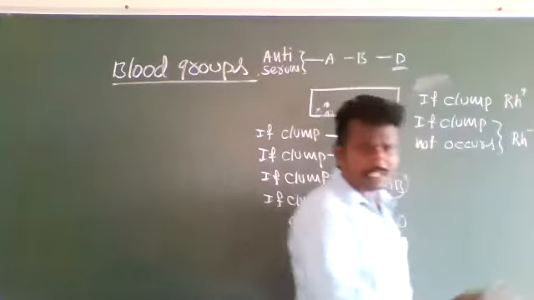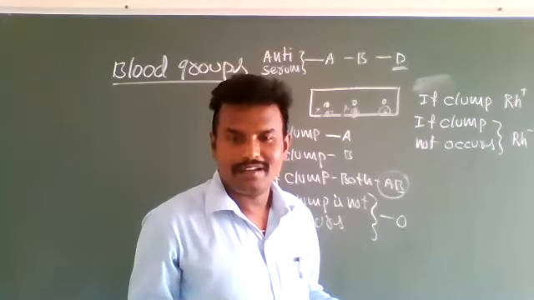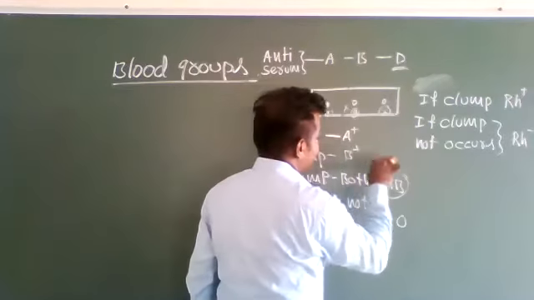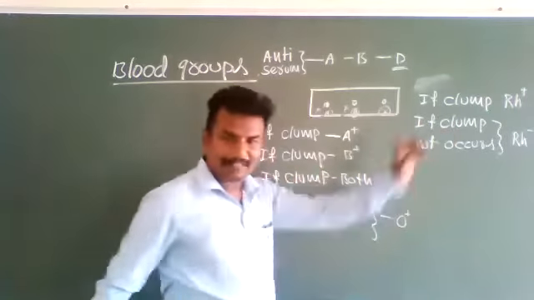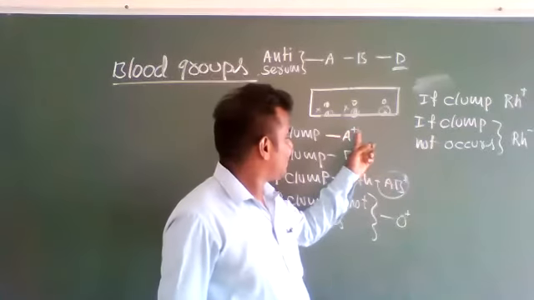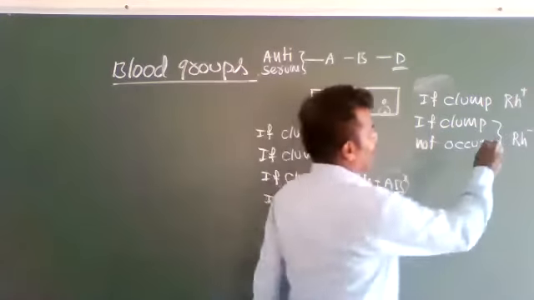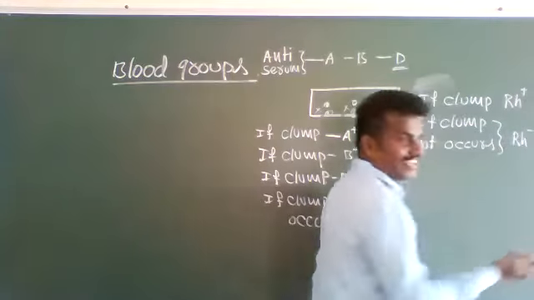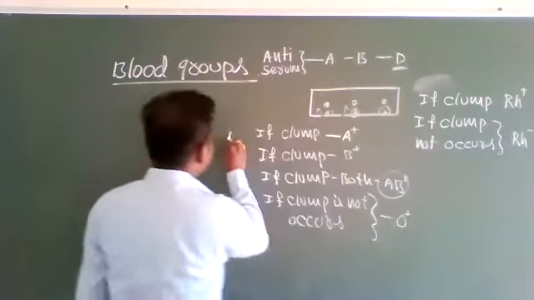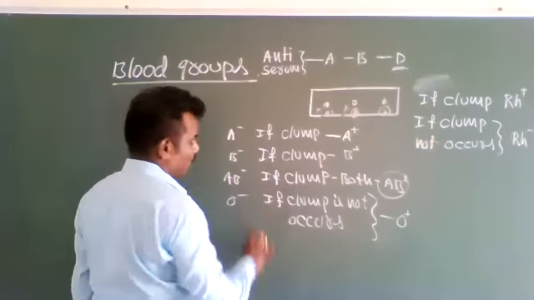If RH positive, we add positive to A, B, AB and O: A positive, B positive, AB positive, O positive. If clump does not occur, we don't have RH antigens, and we add negative: A negative, B negative, AB negative, O negative.